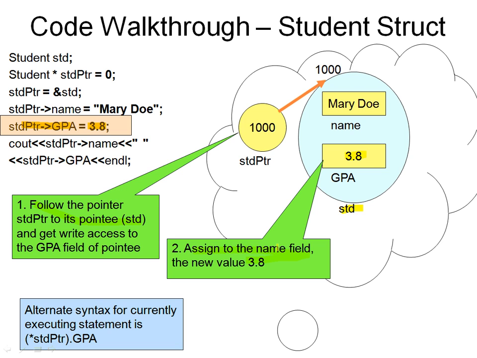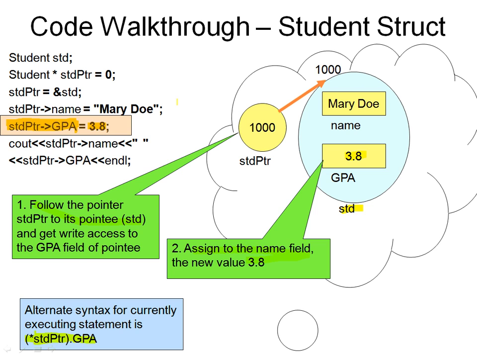Assign to the GPA field a new value of 3.8. The alternate syntax for this left hand side is asterisk stdptr dot GPA. So you can use either this one or this one on the left hand side. It'll be an identical thing.